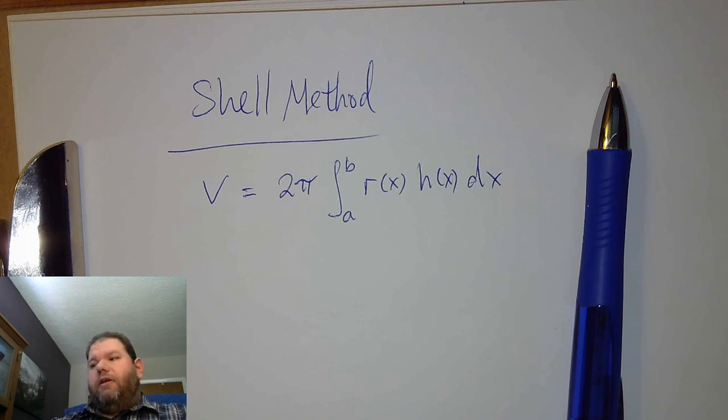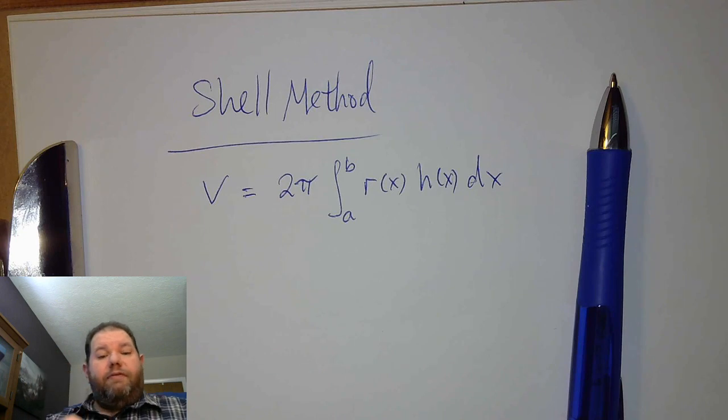So if we think of a shell as just the outside of a cylinder, not the top and the bottom, just the outside, then 2 pi times the radius is actually the circumference at the base. Then we multiply by height to get that total lateral area.